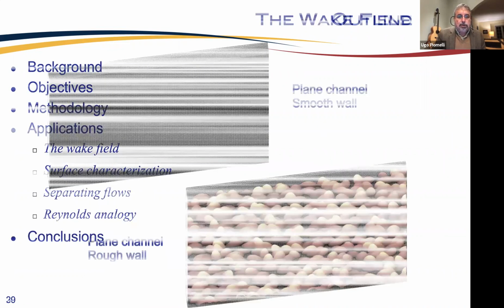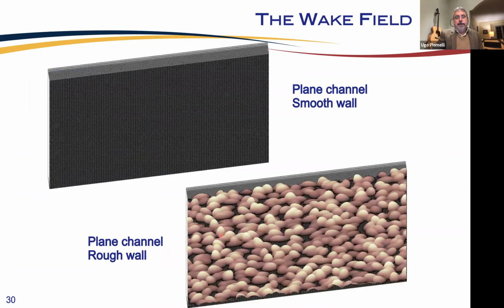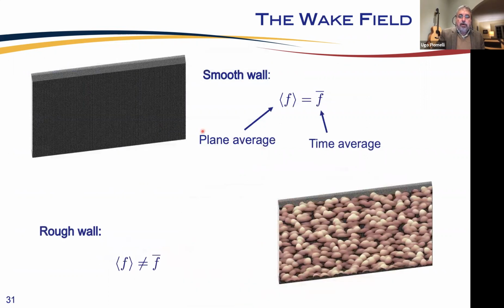So let's start talking about the wake field. We can compare a plane channel with a smooth wall and a plane channel with a rough wall. Now, if the wall is smooth, the plane average and the time average, if the sample is large enough, are equivalent.